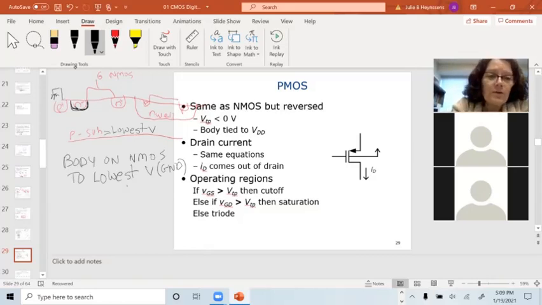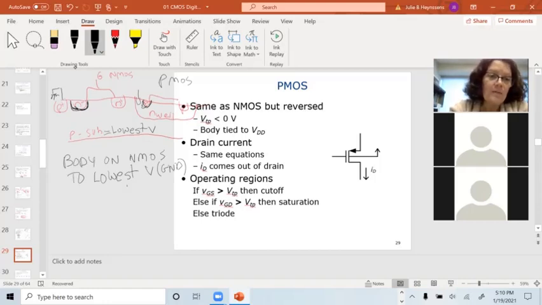Now, if I go over to the PMOS device over here, it's built in an N well. So now the body is tied to that N place. I have another PN junction right here. Now I want to make sure the N well is always the highest voltage in the circuit, so I don't forward bias these PN junctions and wreak havoc on my circuit.